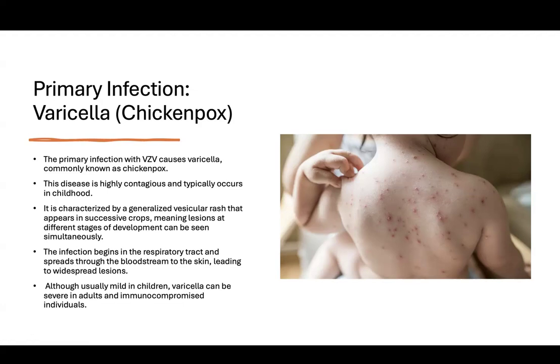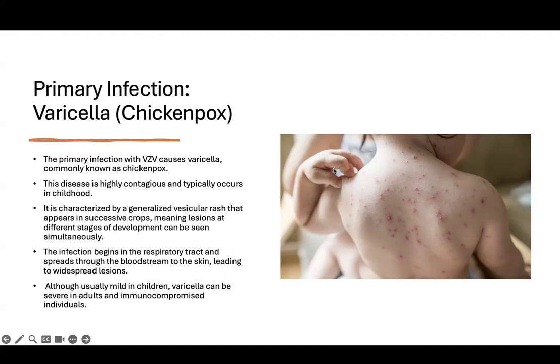What is this varicella or chickenpox? Well, what happens with this virus is we usually get it through our respiratory tract. It spreads to our bloodstream, and specifically then to the skin. And you have again these very similar vesicles all around our body, and you get these successive crops.